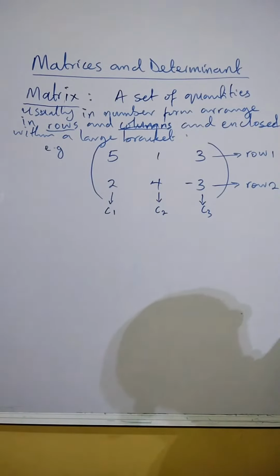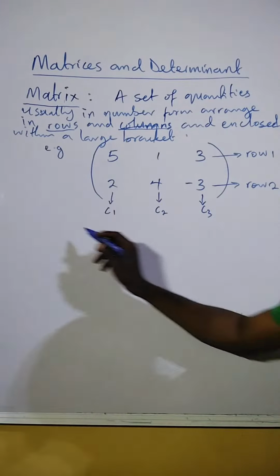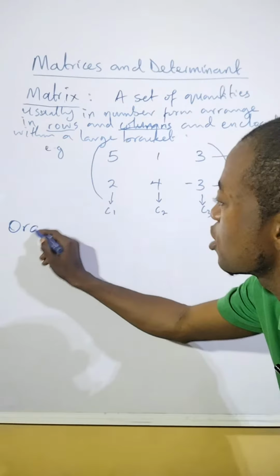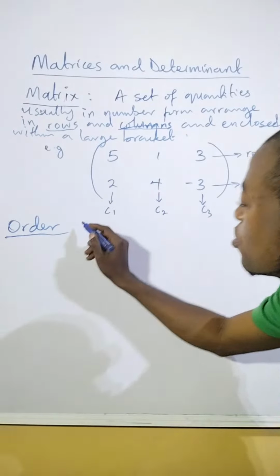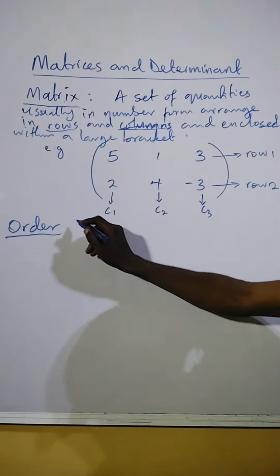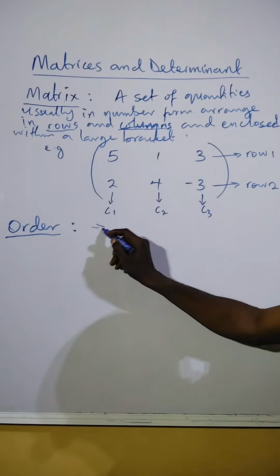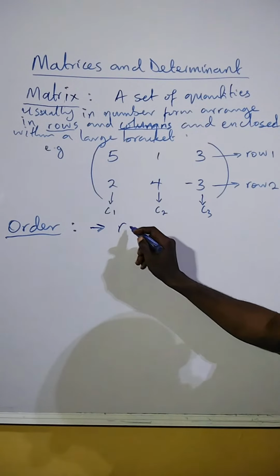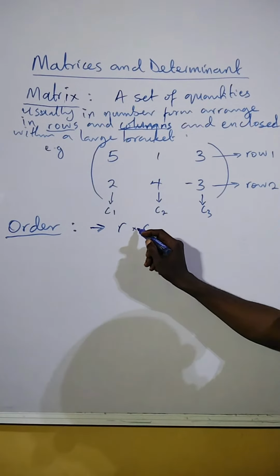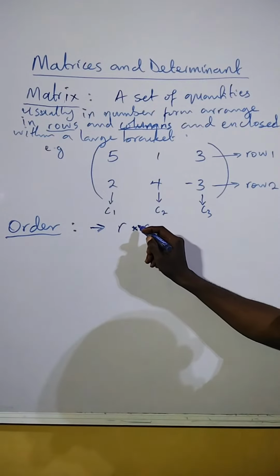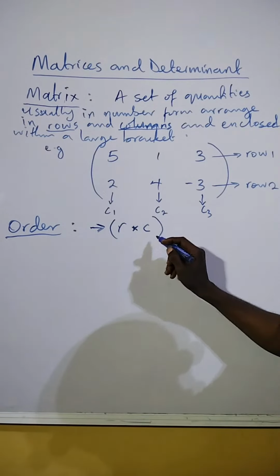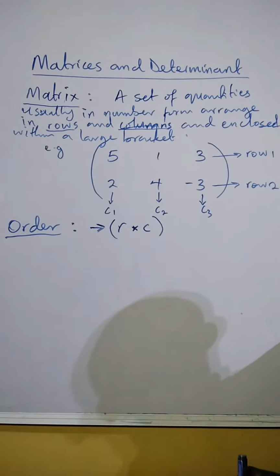Okay? And now that we have defined a matrix, there's something called the order of a matrix. The order of a matrix means the arrangement of a matrix, and it's usually written in the form of row by column. So generally, the order of a matrix is always written as row by column. Row comes first and column comes second.